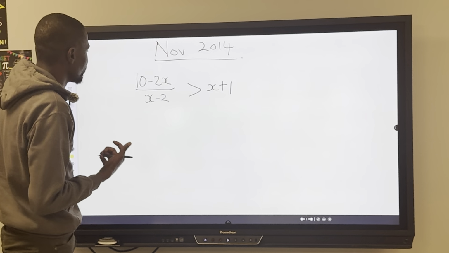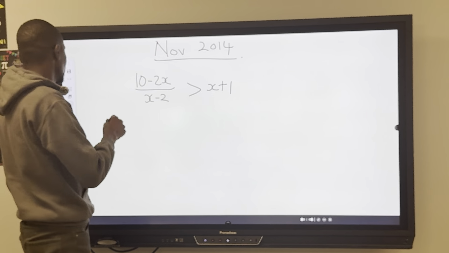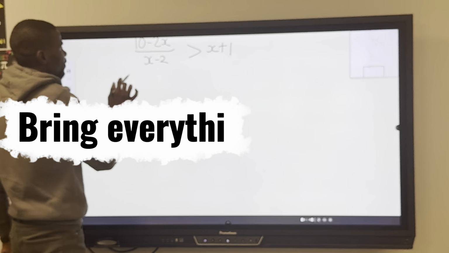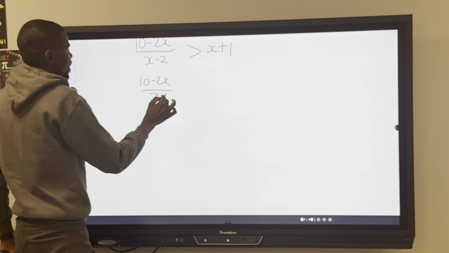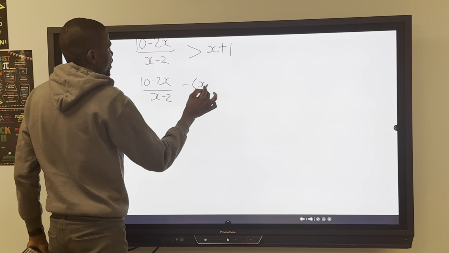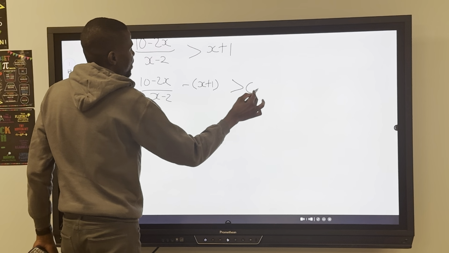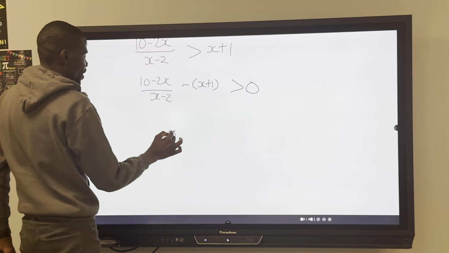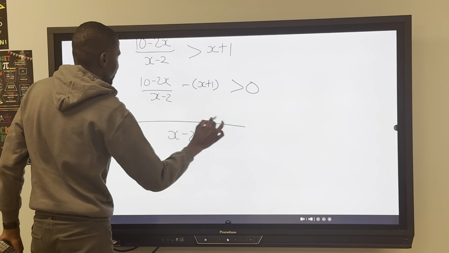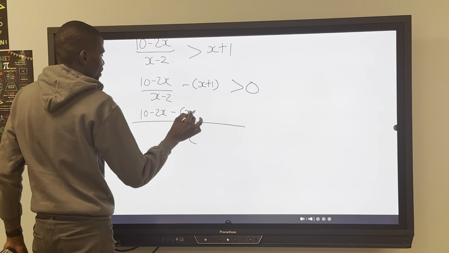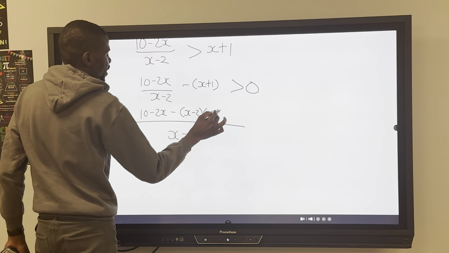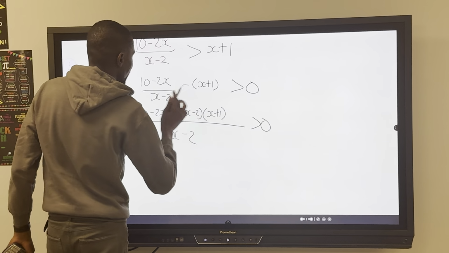The simplest method here is to bring all functions to one side. So if we say 10 minus 2x over x minus 2, subtracting x plus 1 should be greater than 0. Now put everything under one denominator, right? So it's now 10 minus 2x minus x minus 2 times x plus 1 greater than 0.